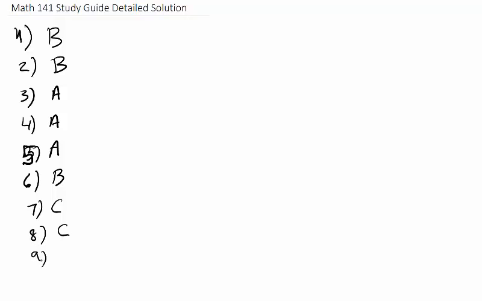A student's favorite sport. Well, that's qualitative, it's not a quantity, so that's going to fall under nominal. So that is C.